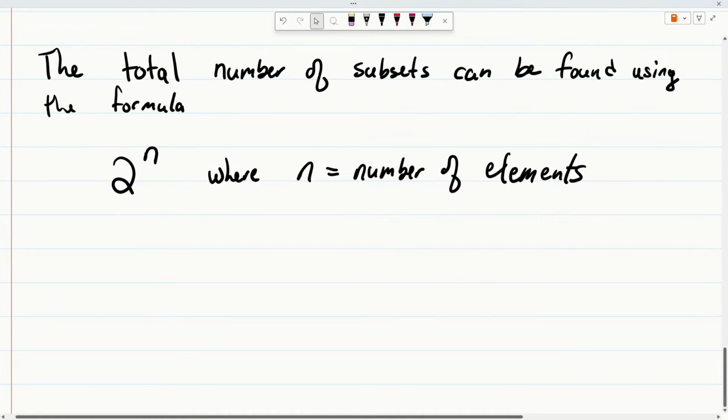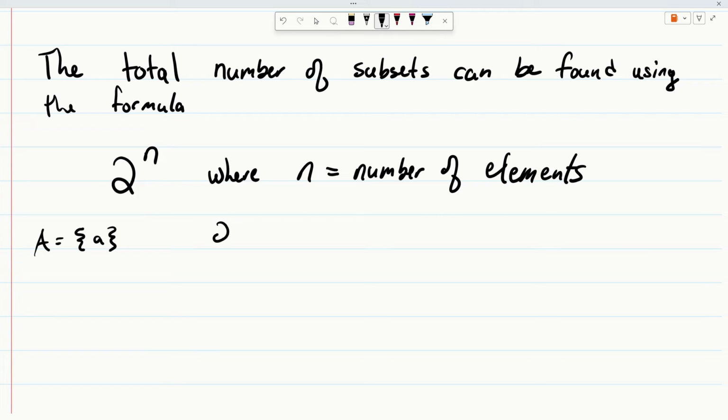So if you think about it, with that first example, we just had 1 element. So 2 to the first equals 2. And that's exactly what we found. We found the set itself and the empty set.